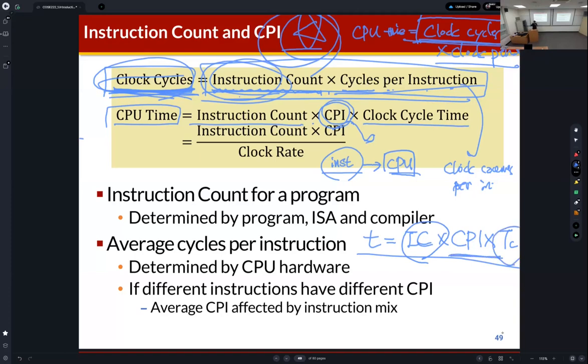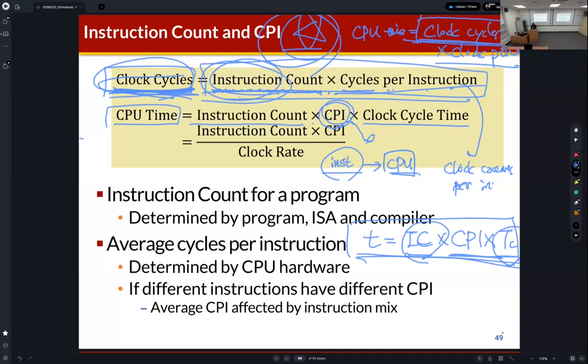We frequently use CPI for comparing the performance of CPUs. Also, we can use the instruction count and then the clock period or clock frequency. So this equation is very important.